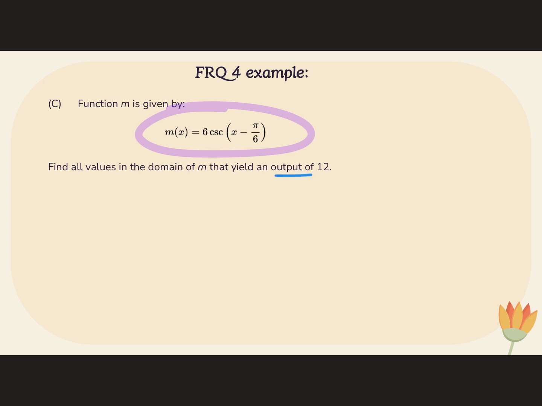We want the output to be 12, so we're solving for when this function equals 12. And it says find all the values in the domain, so we're solving for x. Now cosecant doesn't have any domain restrictions, so that means we're going to have infinitely many solutions.